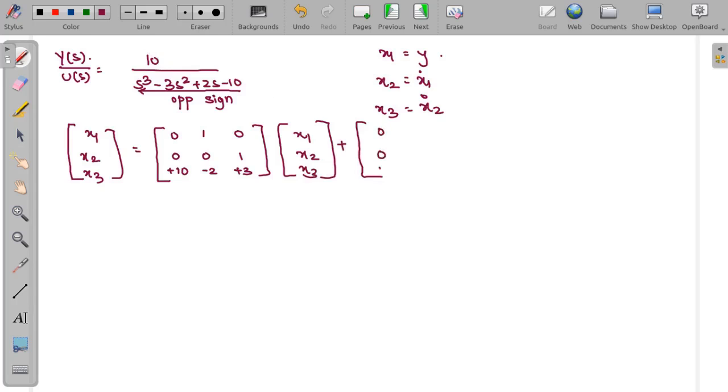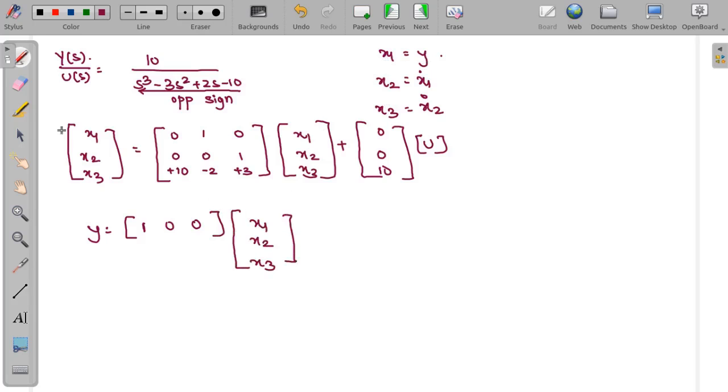So 0, 0, 10 u, and y is equal to, always this form, means you are always going to take output from, sorry, so this will always be 1, 0, 0. Why? Because you can see the output you are always taking from x1, so it will be like this, x1, x2, x3.